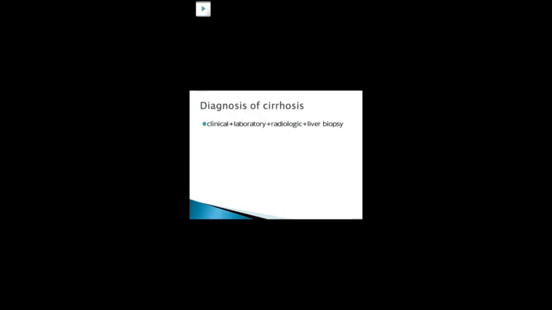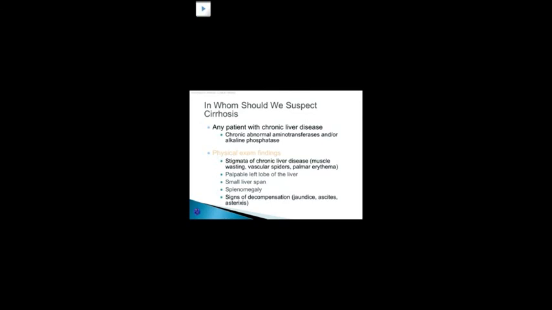Complications of cirrhosis result from portal hypertension or liver insufficiency. Portal hypertension is an important component of cirrhosis. So ascites, spontaneous bacterial peritonitis, hepatorenal syndrome, jaundice, encephalopathy. All these contribute in case of cirrhosis.